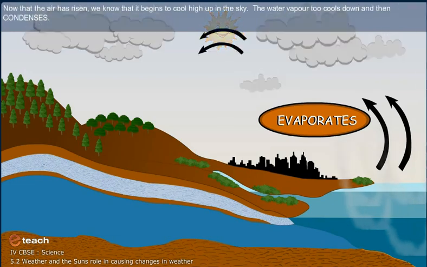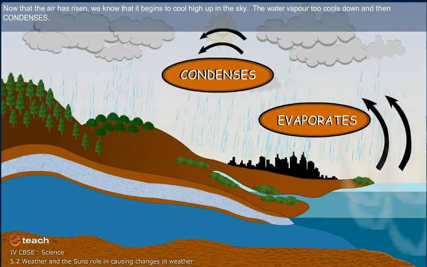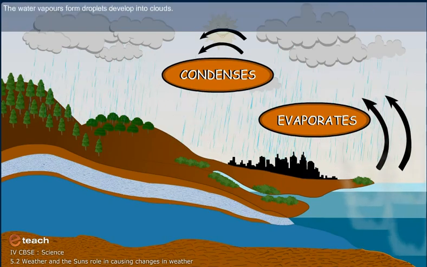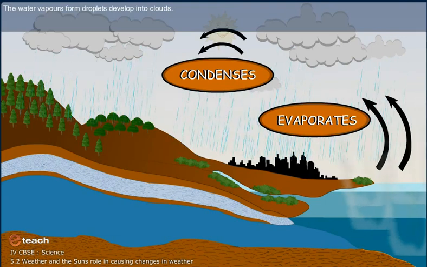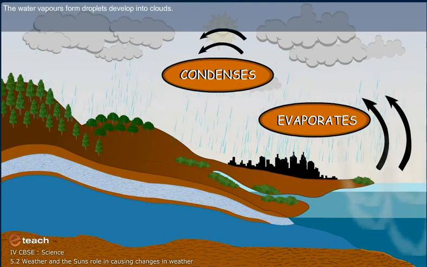Now that the air has risen, we know that it begins to cool high up in the sky. The water vapor too cools down and then condenses. The water vapors form droplets which develop into clouds.